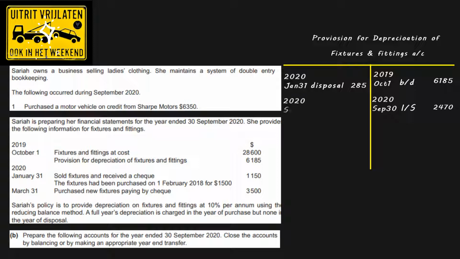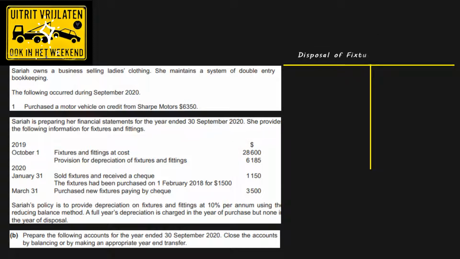So when you solve this, you get your carried down as 8,370. Again, close this account and bring it down. On your credit side, balance brought down of 8,370 on October 1st, 2020. So that's how you do your provision.